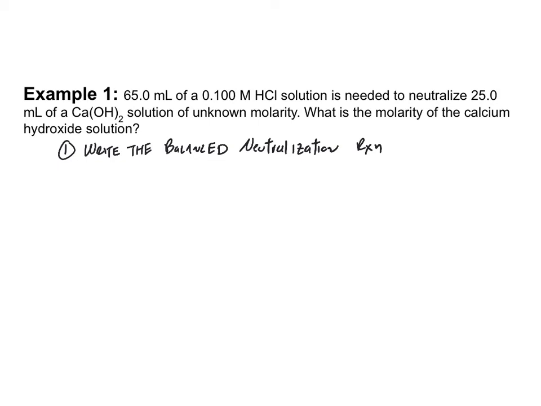So in this case, I'm going to take HCl, and I'm going to tell you that that's aqueous, and that's going to be in the presence of the calcium hydroxide. So we have the Ca, which is calcium, and the hydroxide. And that's also aqueous because it is a solution.